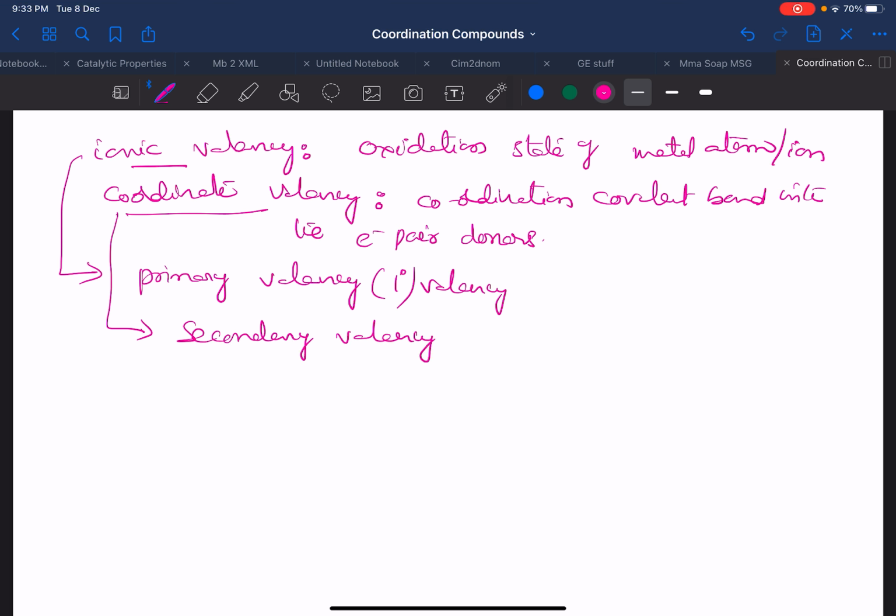Coordinate valency is also called the secondary valency. So each metal atom exhibits two types of valencies, that is primary valency and secondary valency. Primary valency is ionic valency and secondary valency is also called the coordinate covalent valency.